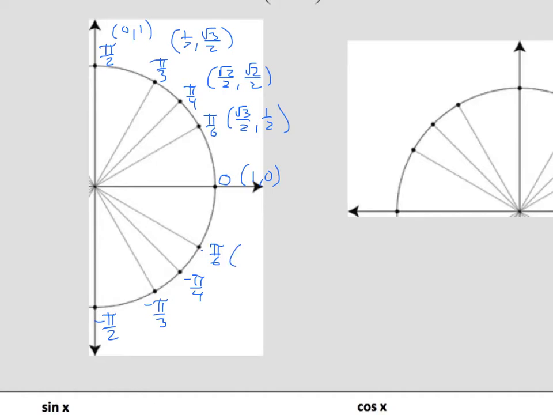And down here in quadrant 4, we have negative y values, but still positive x values. So this is radical 3 over 2, negative 1 half, radical 2 over 2, negative radical 2 over 2, 1 half, negative radical 3 over 2, and 0, negative 1.